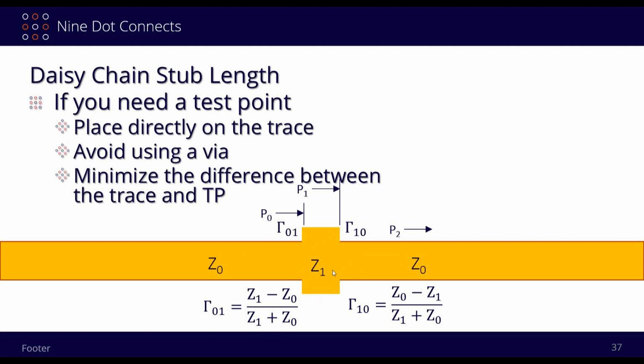Yes, if this is wider over here, you are going to get some type of reflection, or you're going to change the impedance a little bit. However, if this is kept small enough, and given that the material is still pretty much the same material, you're not going to a completely different material, you'll find that these gammas over here are small enough that they may be minuscule, with almost no impact, or they're going to just cancel each other out. So just keep that in mind. If you really need to put a test point over there, just be aware of that.